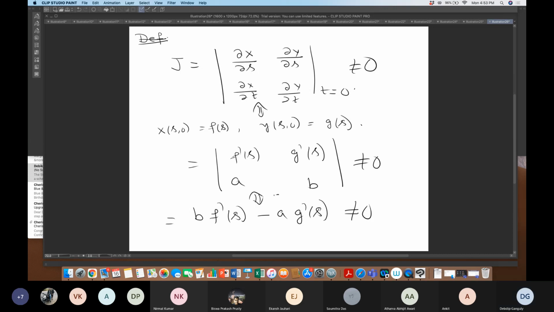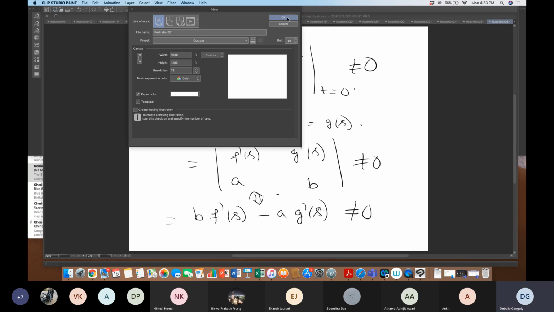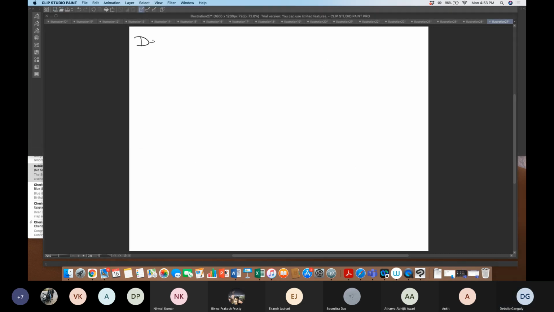Clear? Is it clear? So now I tell a definition. This is a very important definition. This is called a non-characteristic curve.